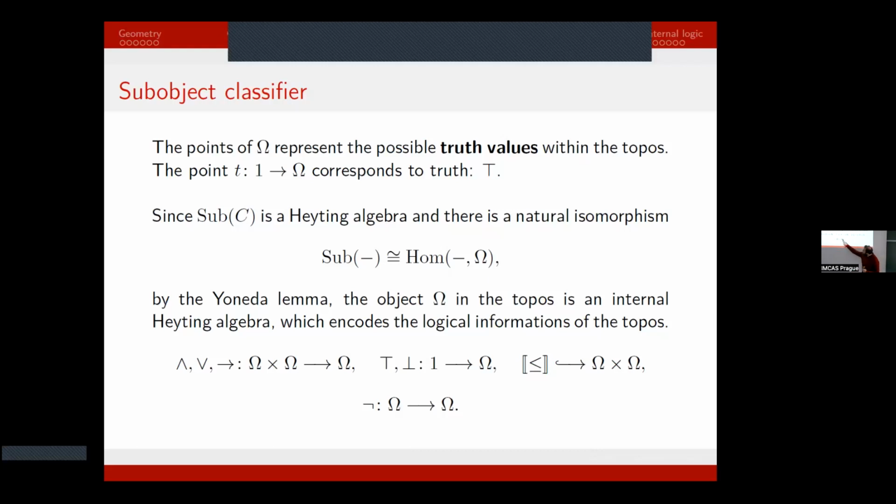So if we interpret the sort omega as the object omega, and the symbols corresponding to these functions as exactly these morphisms, what we get is an object for which the axioms of Heyting algebras are true. So this means that if I'm living within the logic of the topos, this for me is an internal Heyting algebra. It's delicate, but yeah. Anyway, and then we also get the no.